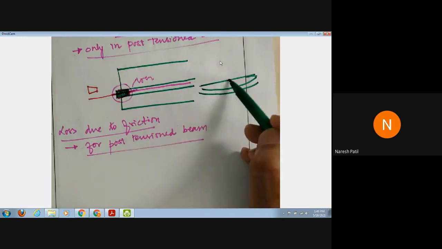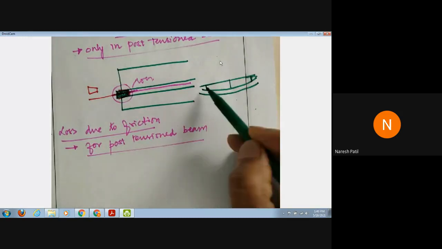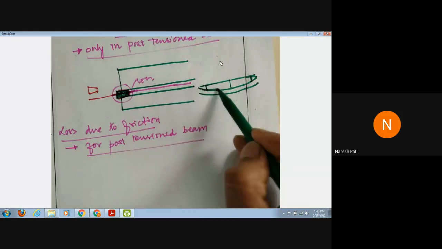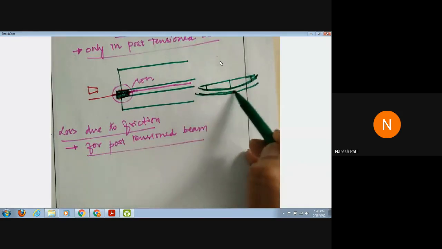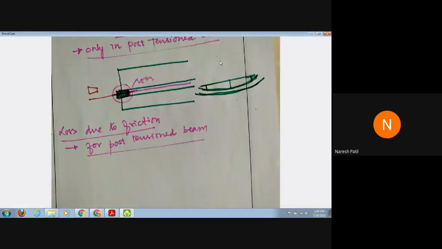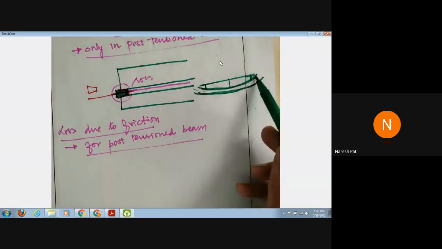In that case, the tendon was parabolic. So it may be straight, or parabolic, or some other shape, triangular or trapezoid, depending upon the design requirement.